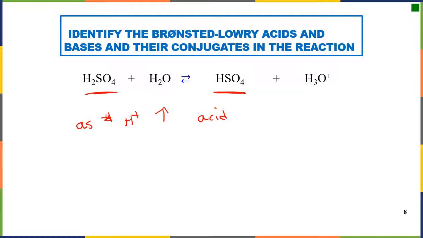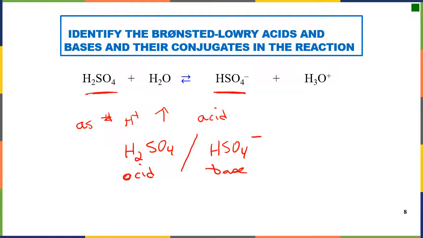If we lose H pluses, we're going to have the base. So if we start out on the reactant side, we're going to have H2SO4. We're going to take off a proton off of that one and make HSO4 minus. This is the acid. This is the base it becomes. We say this is the acid-base conjugate pair.